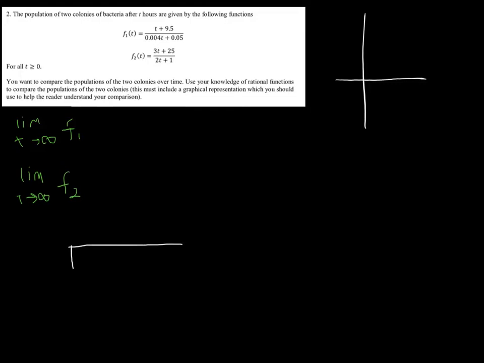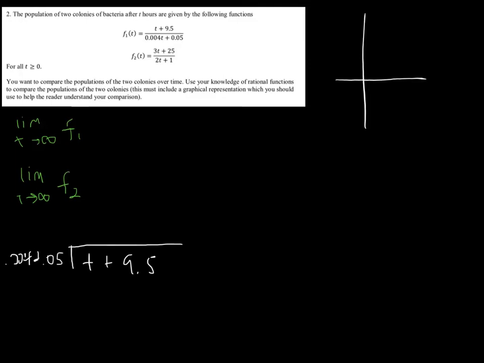But we'd like to divide t plus 9.5 by 0.004t plus 0.05. I should make that a little clearer. There we go.